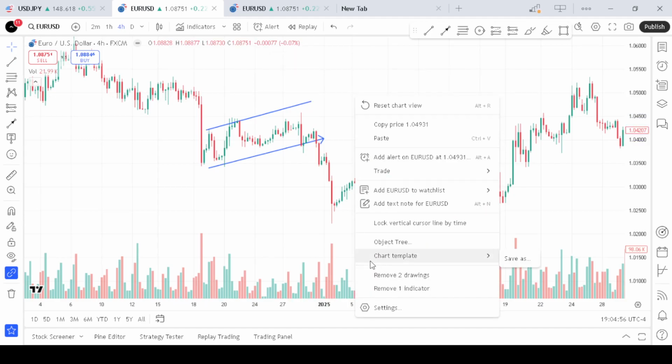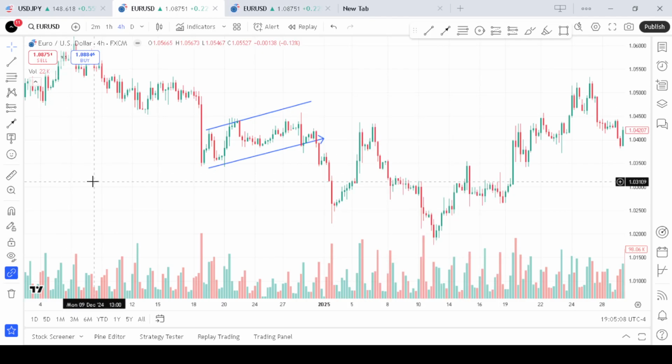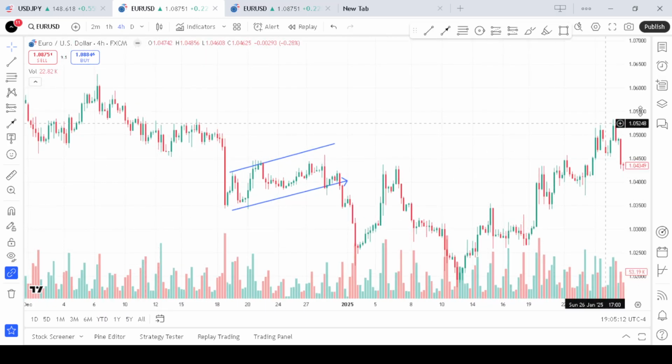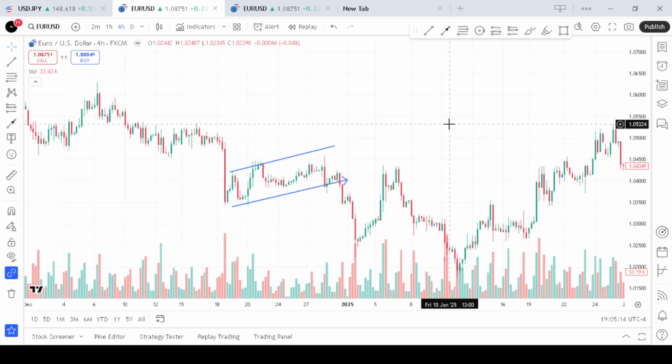These patterns are defined by their structure, parallel or slightly converging trend lines that encapsulate price movement during consolidation. The retracements within the flag are typically between 30% and 50% of the flagpole length.